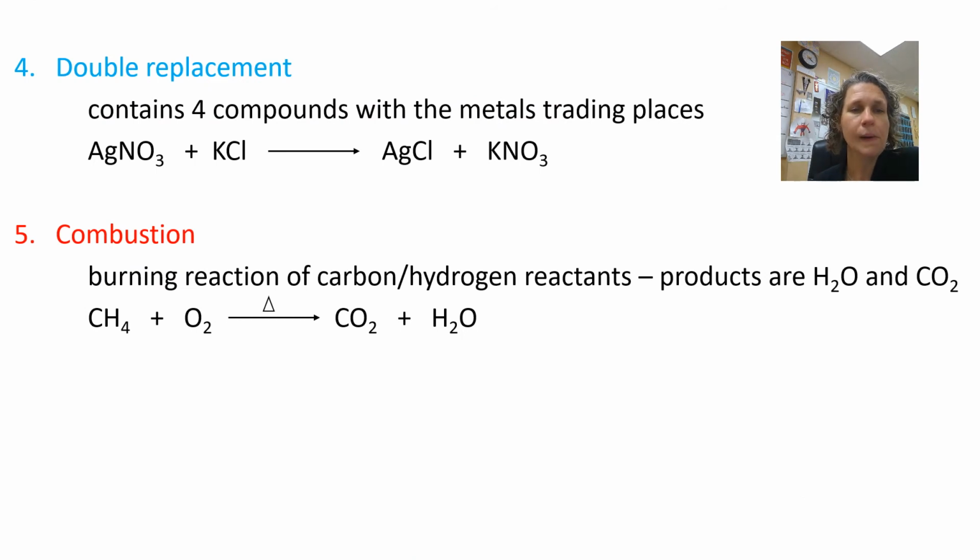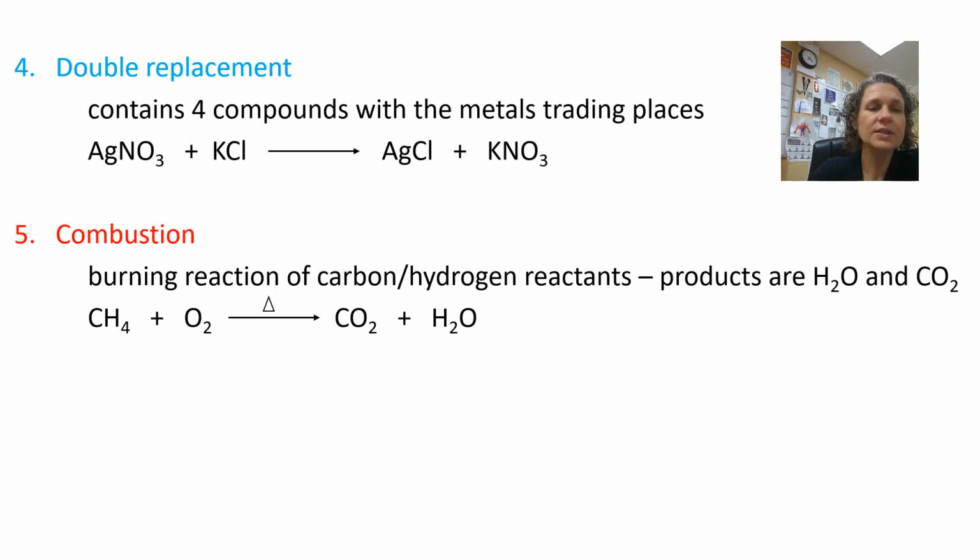Okay, two more. Double replacement. In double replacement, you have four different compounds, two reactants and two products, and they're all compounds. In the reaction itself, and you can reword this in all kinds of different ways, the metals trade places.